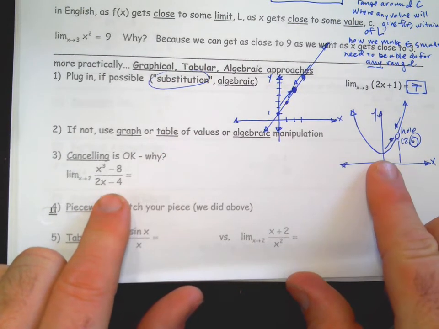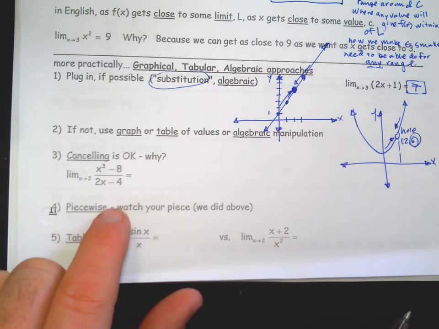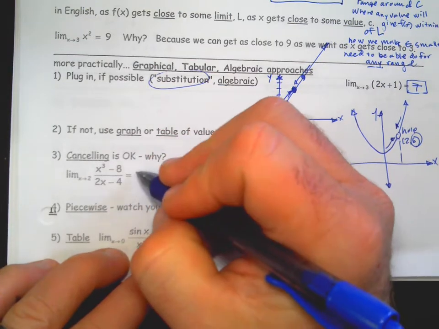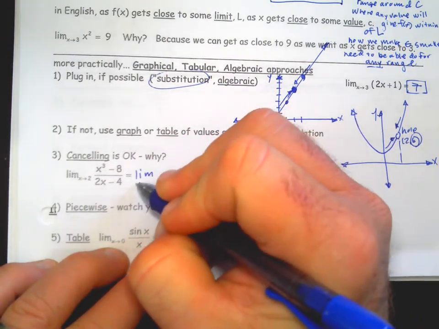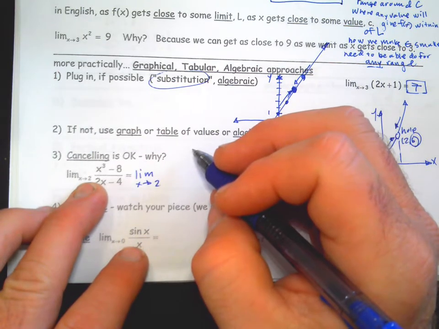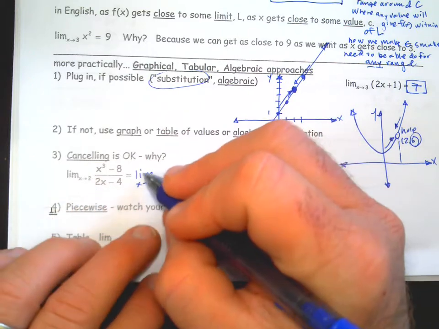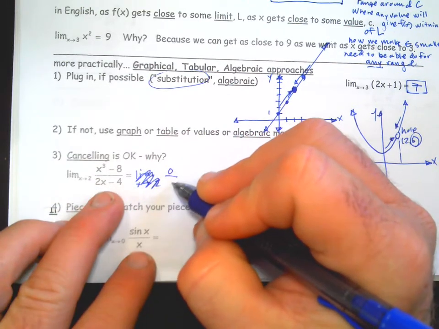Now, let's look at this graph. It actually has this kind of look to it. If you just substitute the value in, which I usually try to do first, you get 2 cubed is 8, minus 8 is 0, over 0.